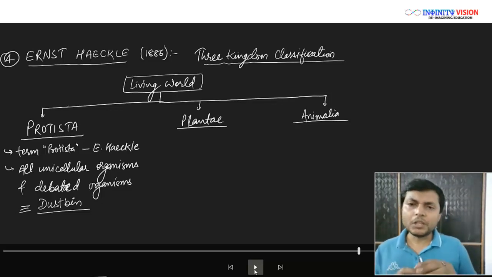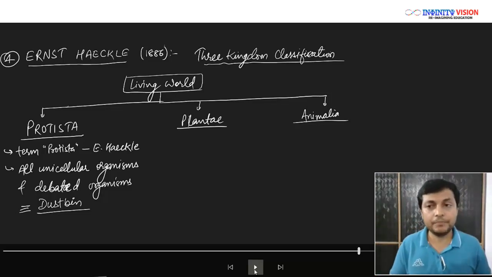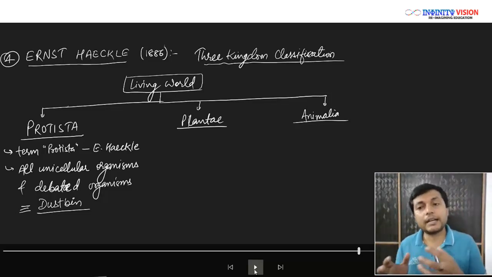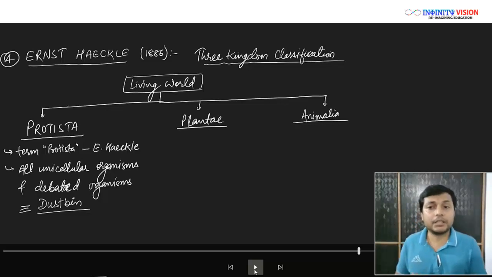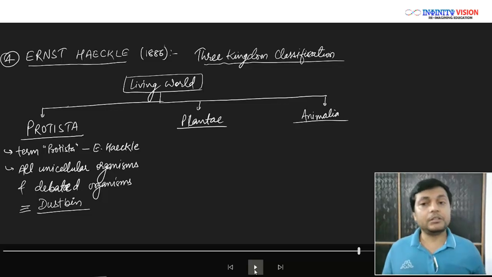Later, as we started learning more and more taxonomy, we realized that there are organisms in Protista which should not be in Protista, rather they should be in some other kingdom or some other group. And that's why you have to remove them from there and rename them, or redo their taxonomy, redo their classification.